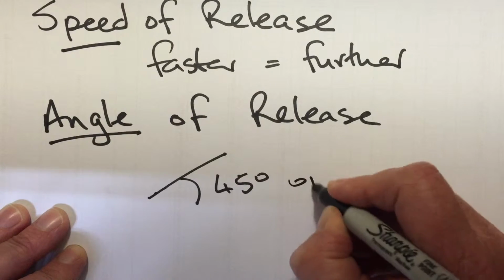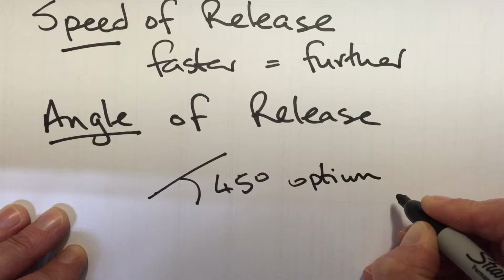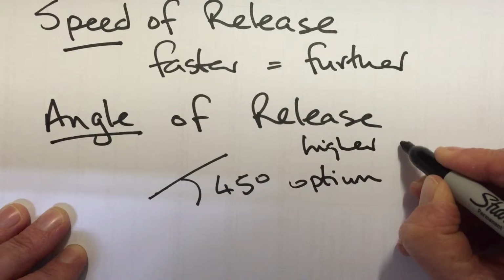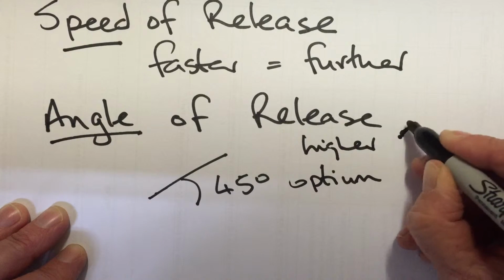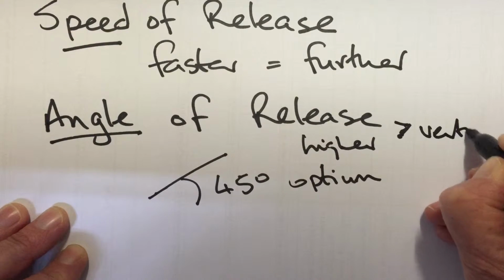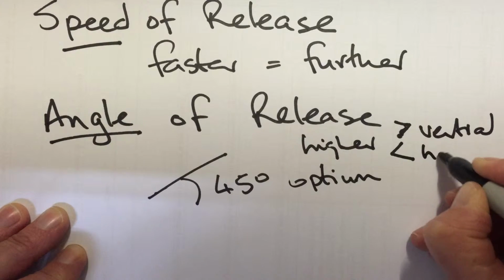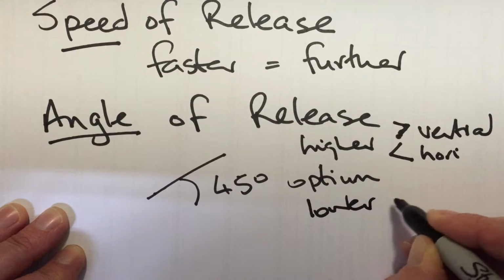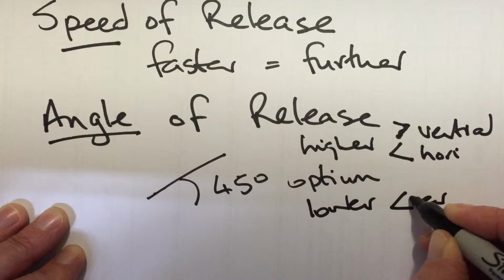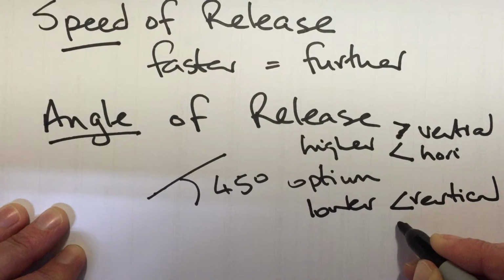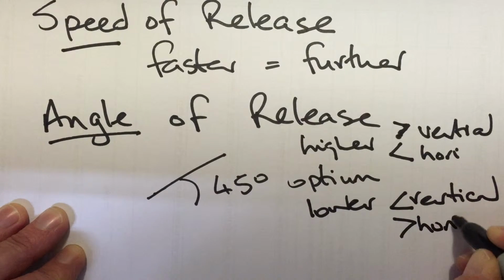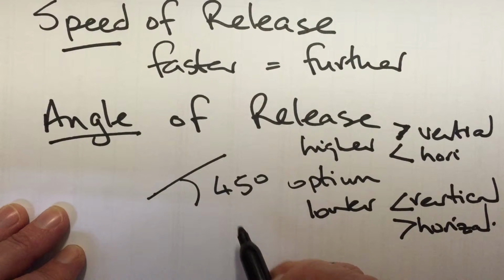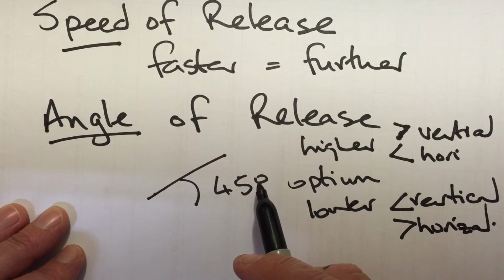So they talk about 45 being the optimum. A higher angle will have greater vertical and less horizontal, whereas a lower angle would have less vertical but greater horizontal components, so more flight. And if you have a look at some research, sometimes that 45-degree isn't always the optimum.